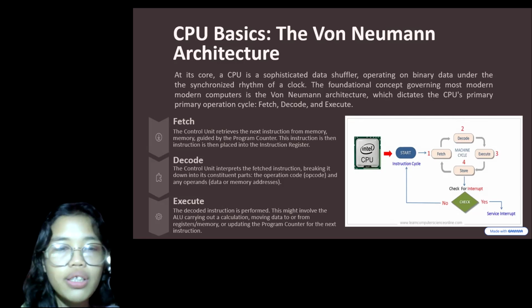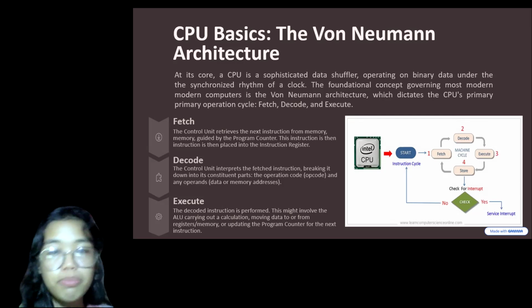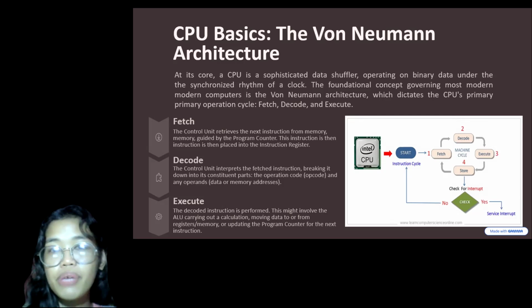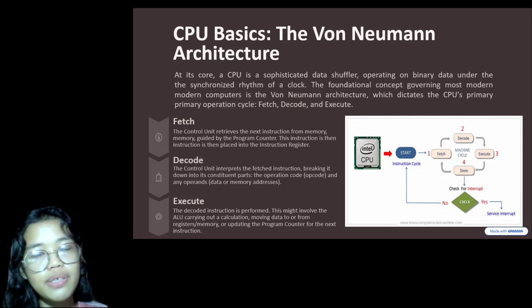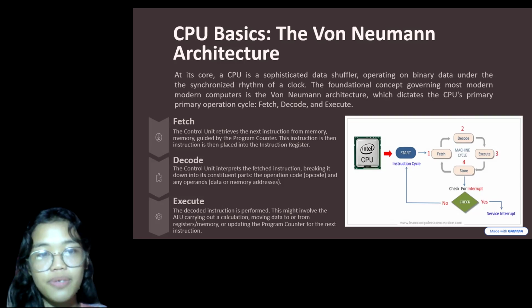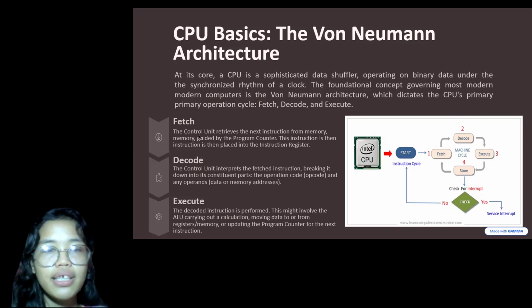The control unit interprets the fetched instruction, breaking it down into its constituent parts: the operation code or the opcode, and any operands, data, or memory addresses. So basically, in simple terms, in decode, the opcode and operands are identified.